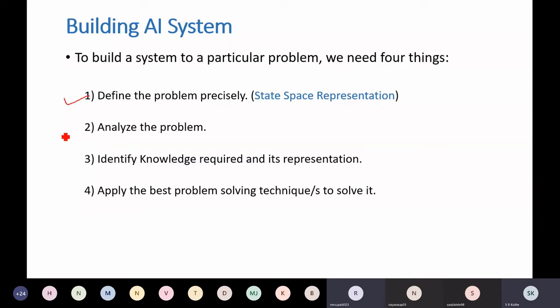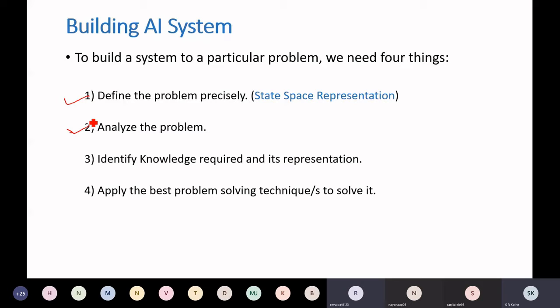The second step is to analyze the given problem along with different problem characteristics so that problem solving becomes simpler, because most AI problems are different in nature, and it is very difficult to find one common method to solve them.